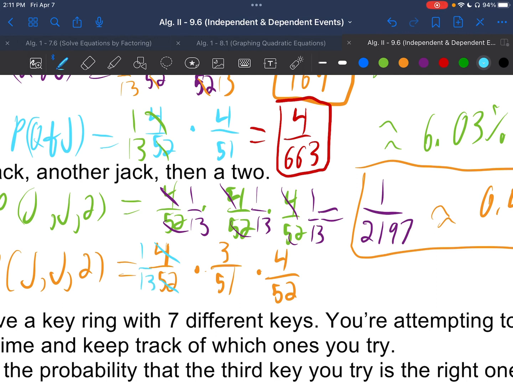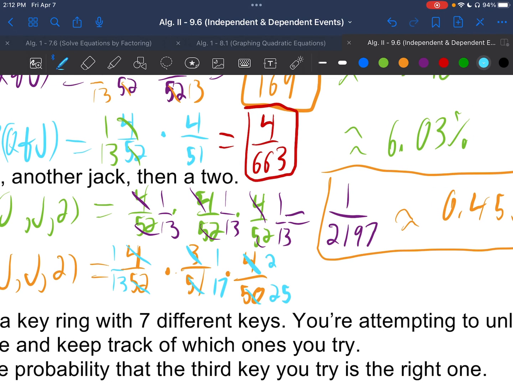The 3 over 51 reduces to 1 over 17. Some mental math there for a moment. And then the 4 out of 50. I wrote 52 on the last one, but I said it correctly by saying 4 out of 50, because you took 2 cards out of the deck, both jacks that you've drawn. 4 out of 50 reduces to 2 over 25, and that's all the reducing we can do.